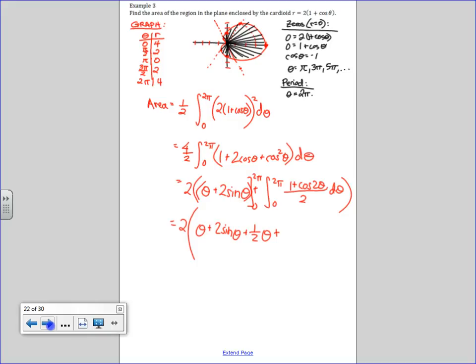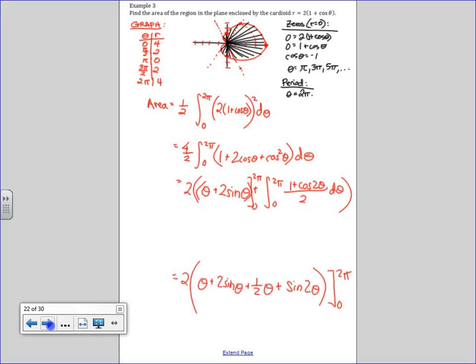So I would just have sine 2 theta, and all of that from 0 to 2 pi. Is it 2 sine? I don't think so. That'd be the integral 0 to 2 pi of 1/2 plus 1/2 cosine 2 theta d theta.